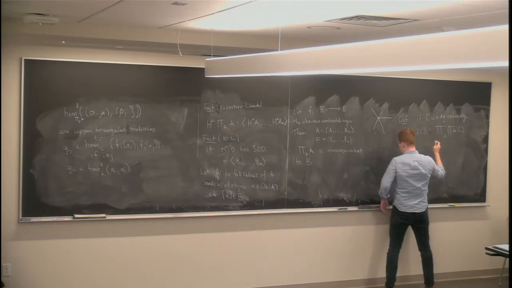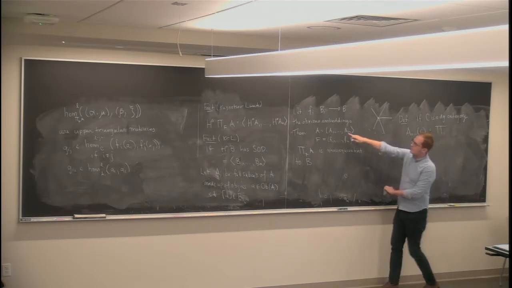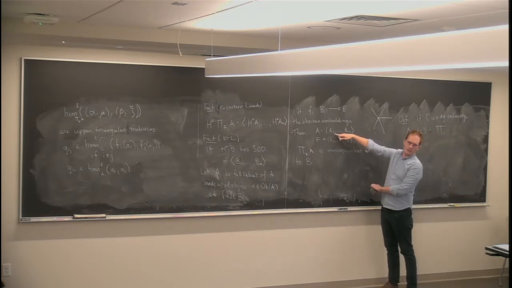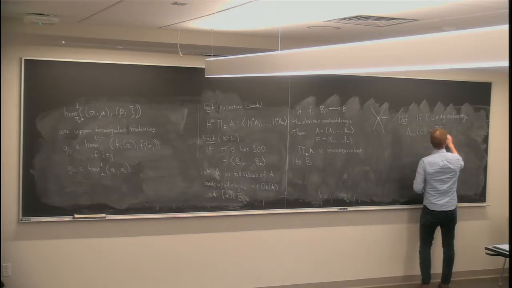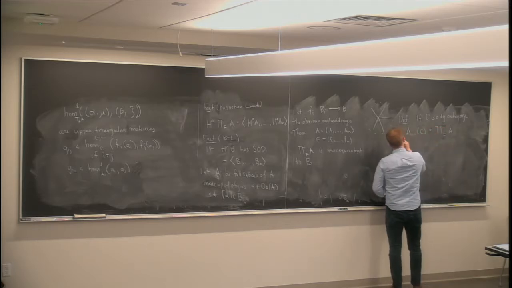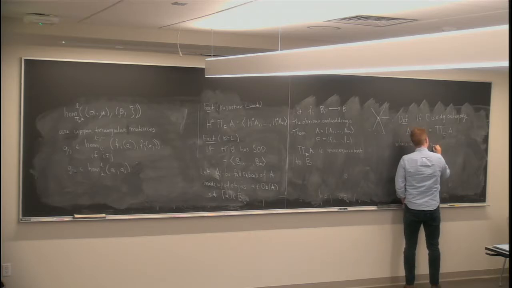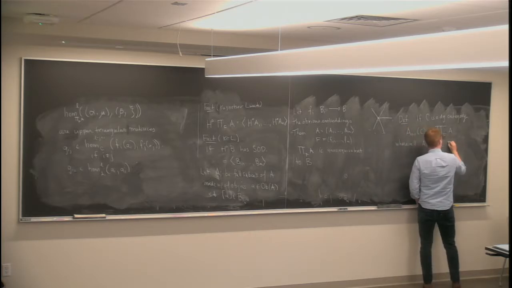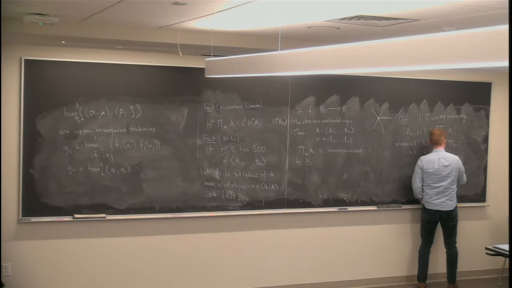So what I'm going to do is let all of these categories be twisted complexes over C, and all of these functors be the identity functor. Where all AIs are twisted complexes over C, and all FIs are the identity functor.